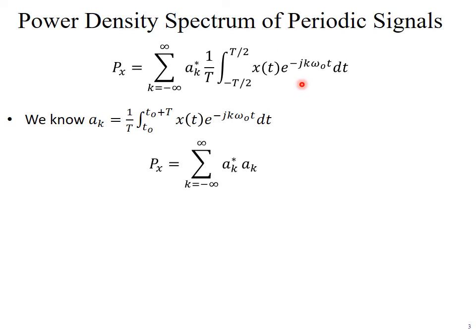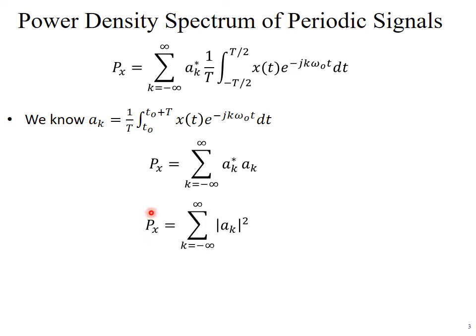Let us replace this in the equation and we get Px equal to the summation over k from minus infinity to infinity of a star of k into a k, or simply the magnitude of a k squared. This equation is called the power spectral density function.